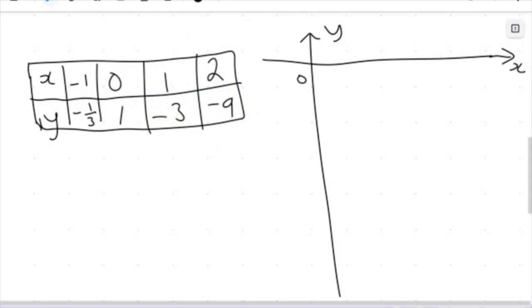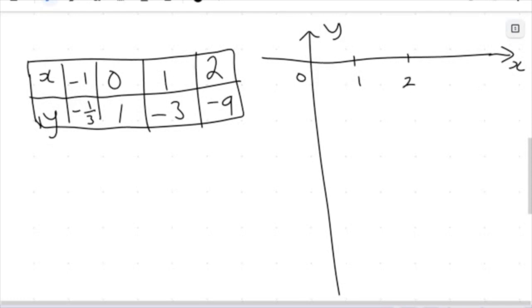So I have a couple of values of x that I'm labeling over here, and at x equals negative 1, I'm at a third in the y, and here's my 1. So this is going to look sort of like this on this particular side. When x is negative 1, y is negative a third.